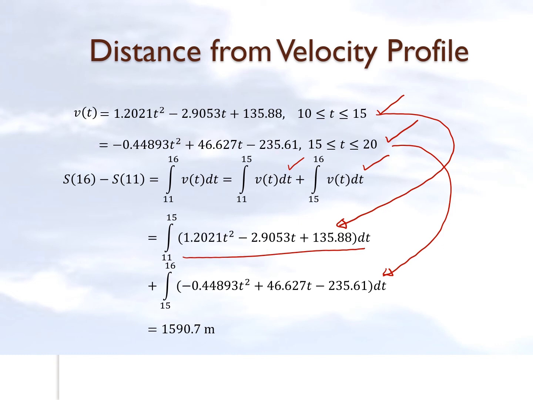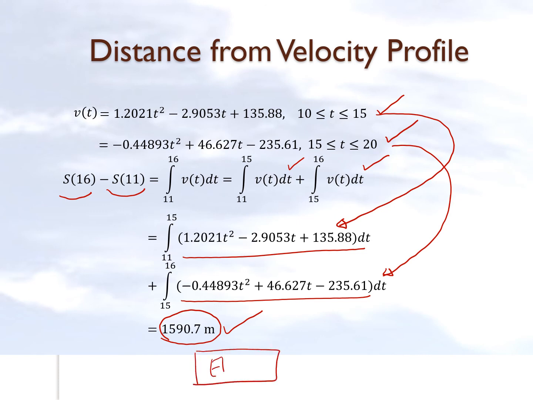Here we integrate this function and this function using our integral calculus knowledge, and we get that the location difference between 11 and 16 seconds, which gives us the distance covered from 11 to 16 seconds, turns out to be 1590.7 meters. And that is the end of this segment.